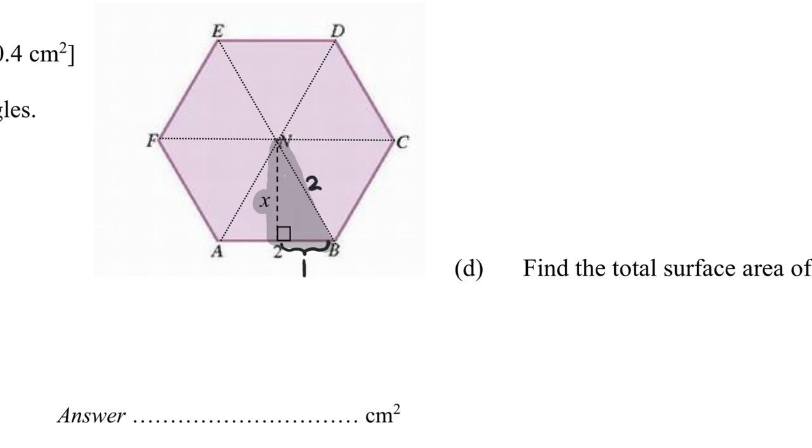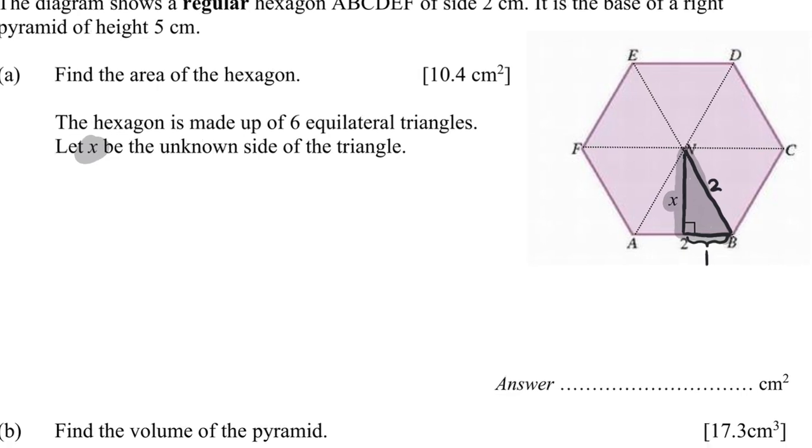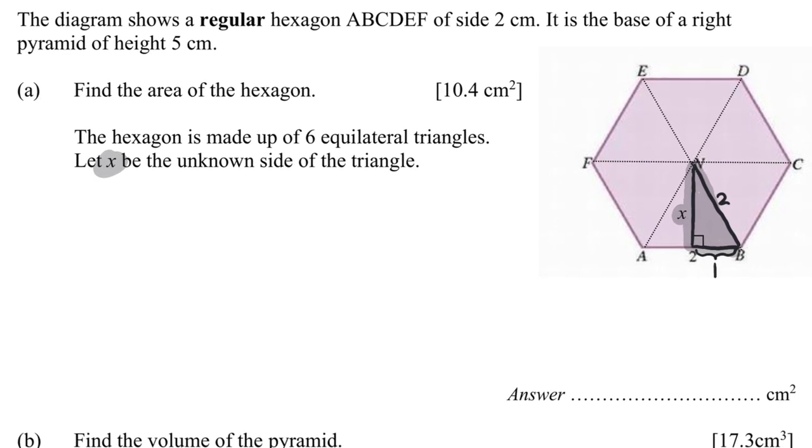And why am I very interested in knowing this as 2? Because I'm going to ask you to zoom in on this right angle triangle. Can we find x using our previous knowledge of Pythagoras theorem? Yes. So x square plus 1 square is equal to 2 square by Pythagoras theorem.